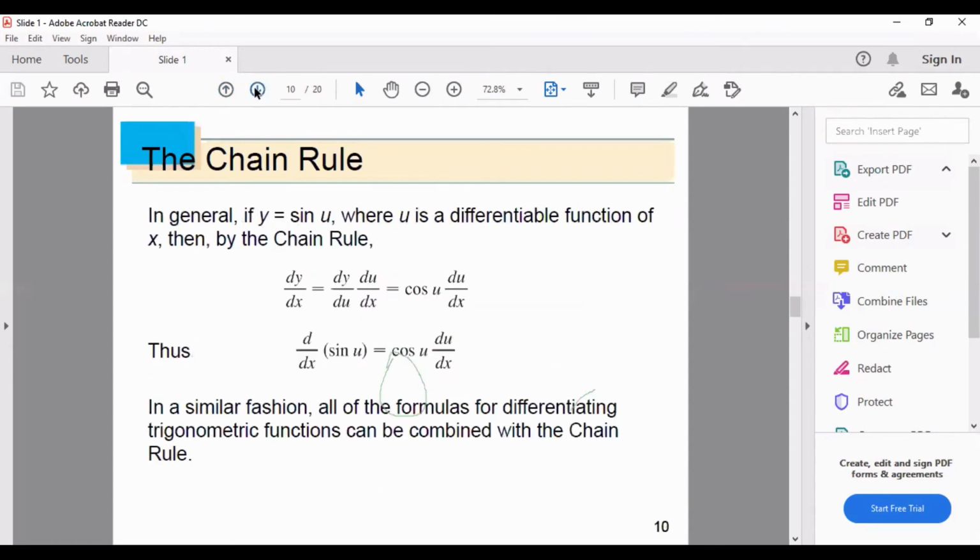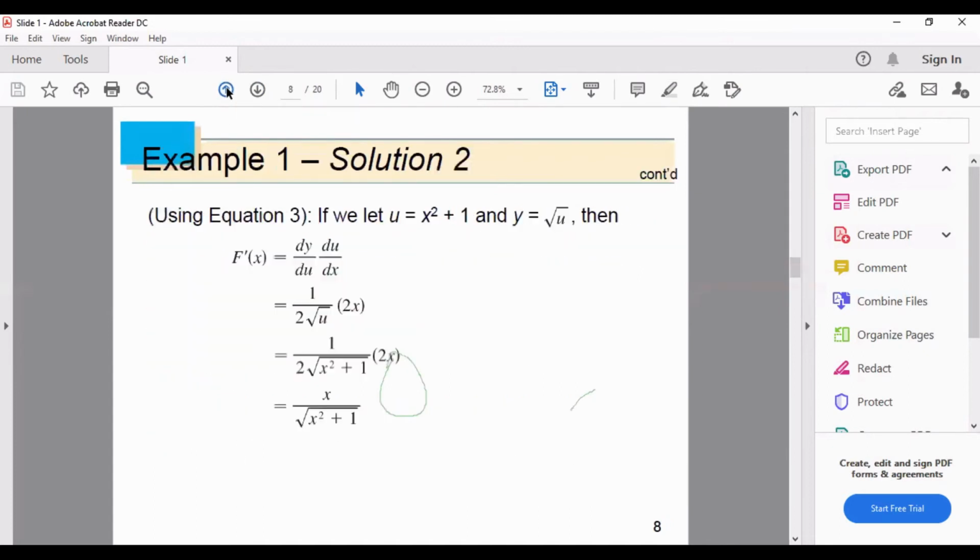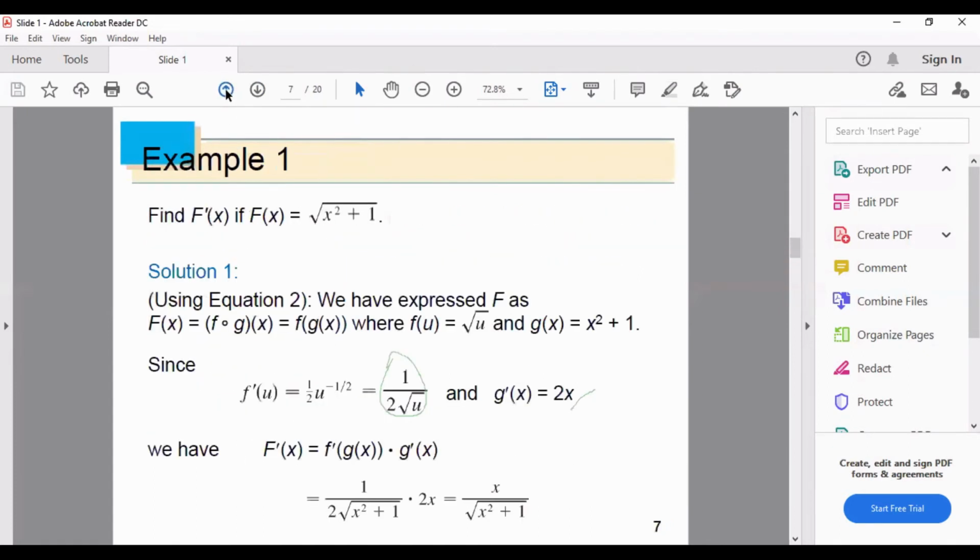Then to summarize, no need to know a lot of ways. We have just to know one. In order to evaluate the derivative of this function, we have to know which one is inside and which one is outside. The outside is the root.